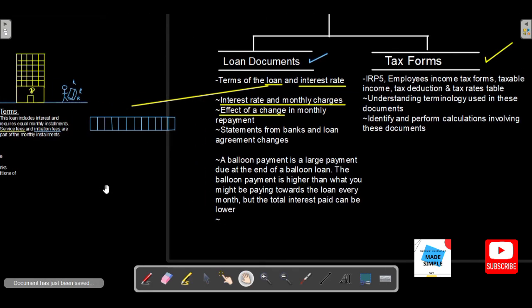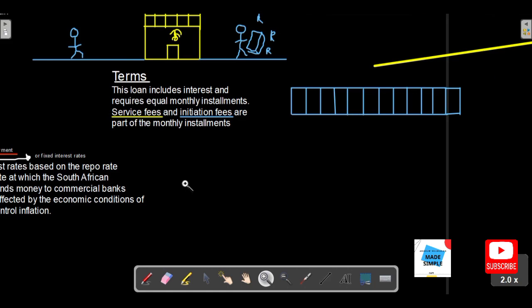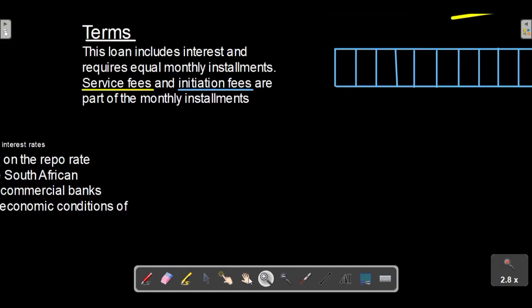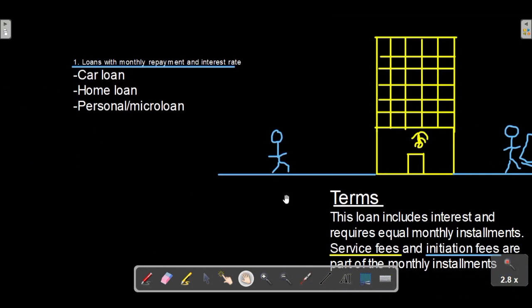Let's start with the loan. The simple definition of a loan: let's say this is you. You need to buy a car, or a home, or you need a loan to do a particular event, or whatever you need to do.